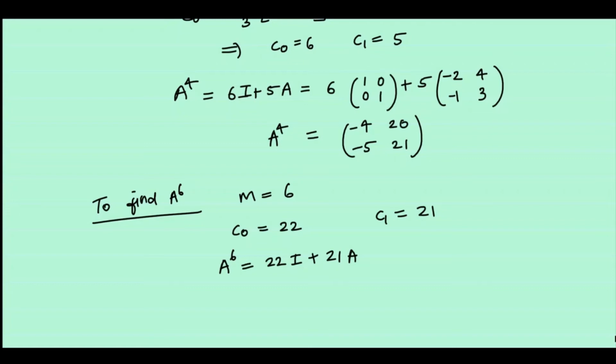Again we substitute for the identity matrix and the matrix A itself. So we will get [-20, 84; -21, 85]. In this way we can find A raised to m for any m, where m is a positive integer. So we have to develop the general formula for C0 and C1. Then we can put any value for m.